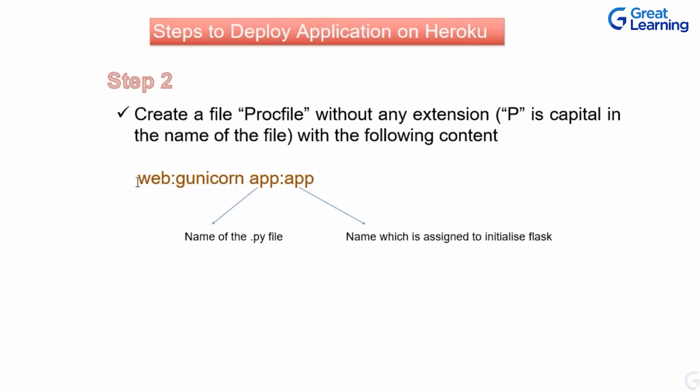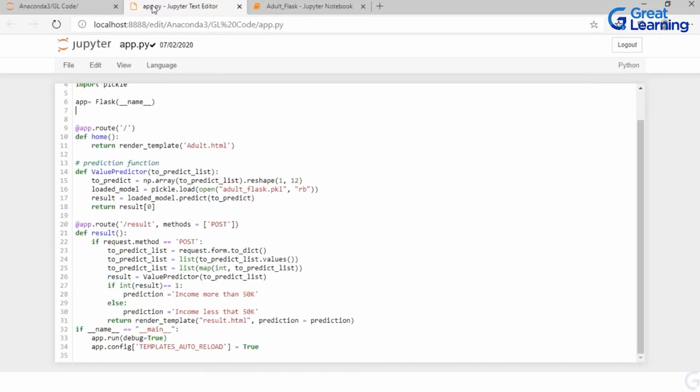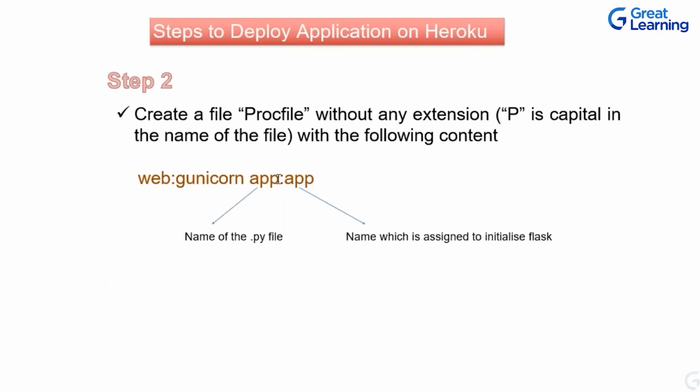So you have to say web: gunicorn, and then provide these two arguments, app:app. What is this app? This is the name of the .py file. Remember, the file I created was app.py, hence I have provided the name as app here. The second is the name through which you initiated Flask.